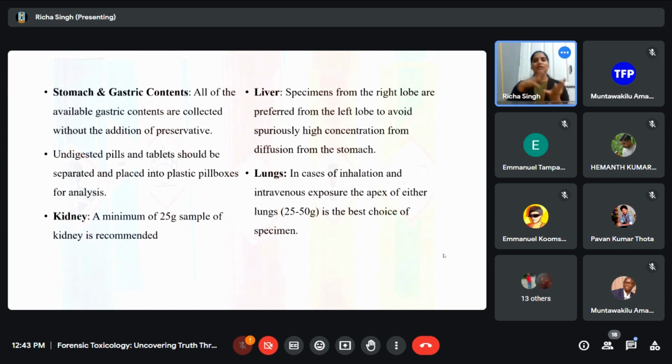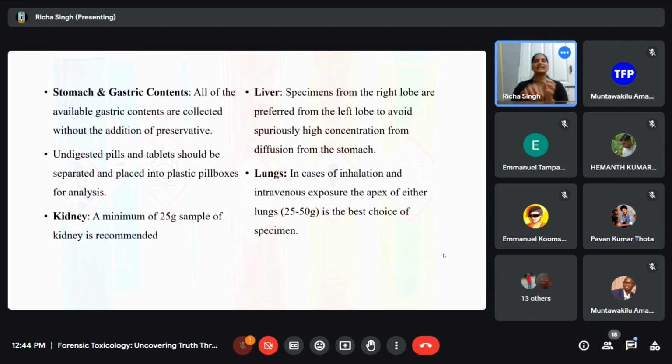Then next, what are the different visceral organs that we collect? First is the stomach and gastric content, because let's say the poison was ingested via food or a drinkable item, so we collect all of it. If there is a pill present in very intact form, we collect it in a different pill box. Then kidney, we collect a minimum of 25 gram.